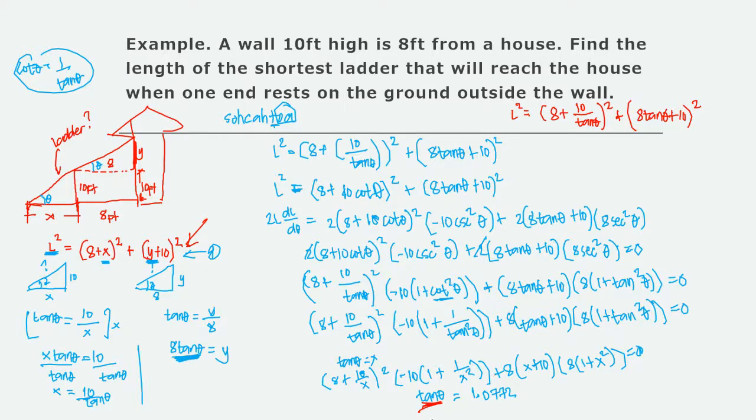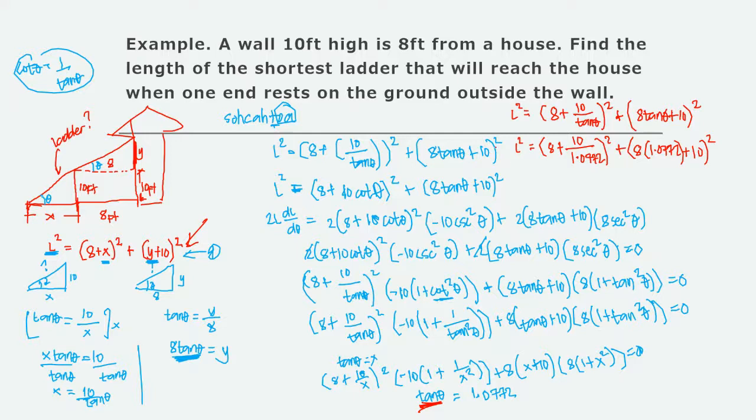Again, we know that tangent theta is equivalent to 1.0772. So that gives us L squared is equivalent to (8 plus 10 over 1.0772 squared plus 8 times 1.0772 plus 10) squared.